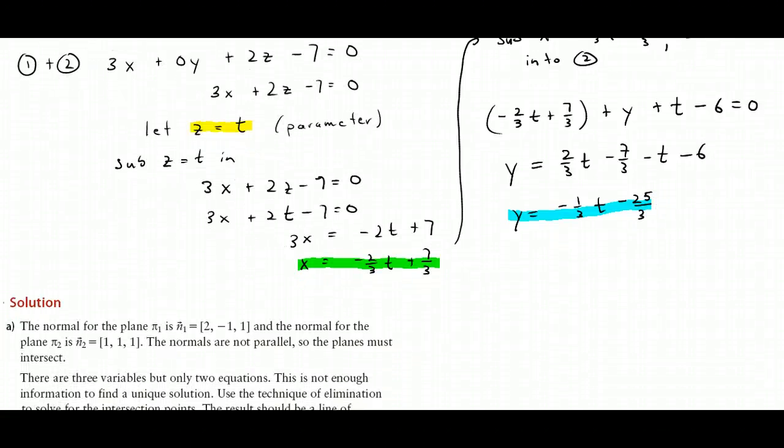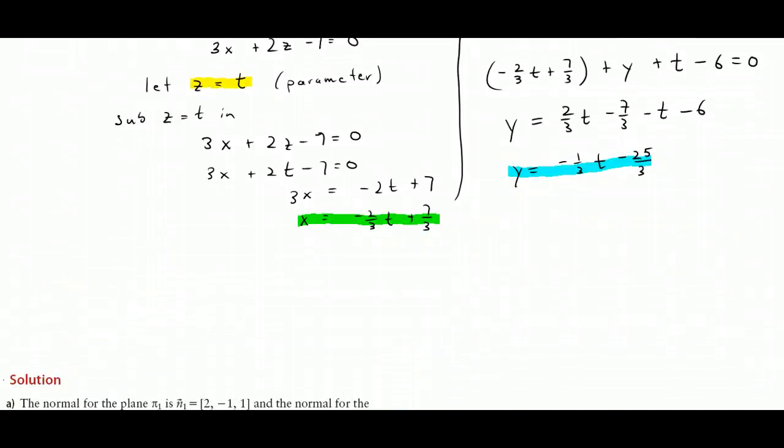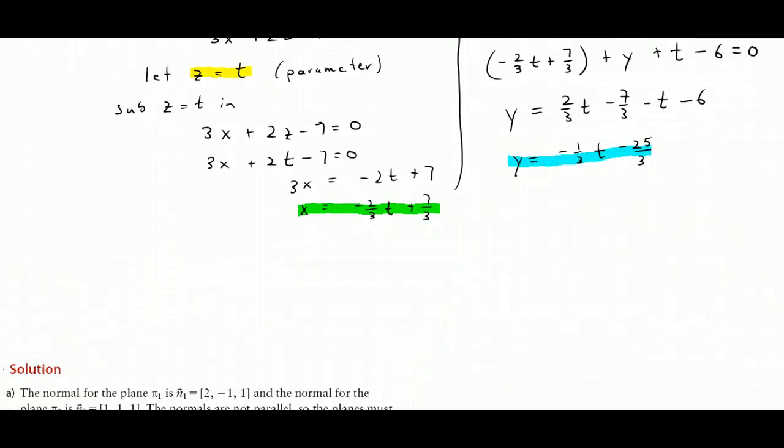Now it might not feel satisfying that we've solved the system of equations. We found x, y, and z, but in terms of this parameter. But remember that we wanted to find an infinite number of intersection points, because the intersection between two planes is a line. And we've actually found the equation of a line here. It may not look like it at first, but it's actually the parametric equations of the line. So let's bring these together in our conclusion.